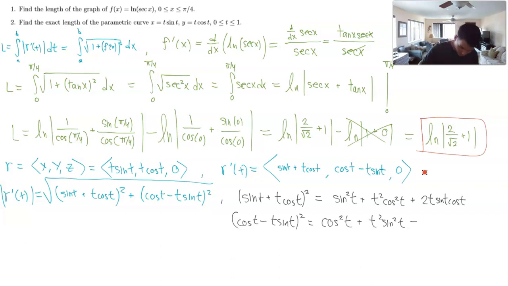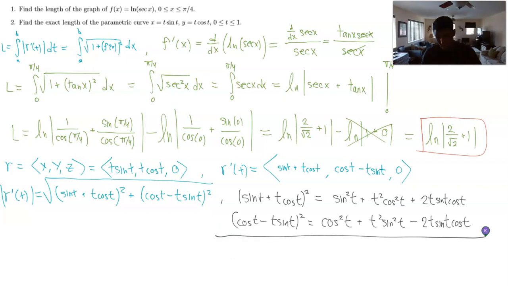So we'll get negative 2t sine t cosine t. And of course, we are adding these guys, like it says to do. So what do we see happens? We see that these guys can cancel. And then we see that we have a sine squared plus a cosine squared. That means that's 1. And then we have a plus a t squared sine squared t.